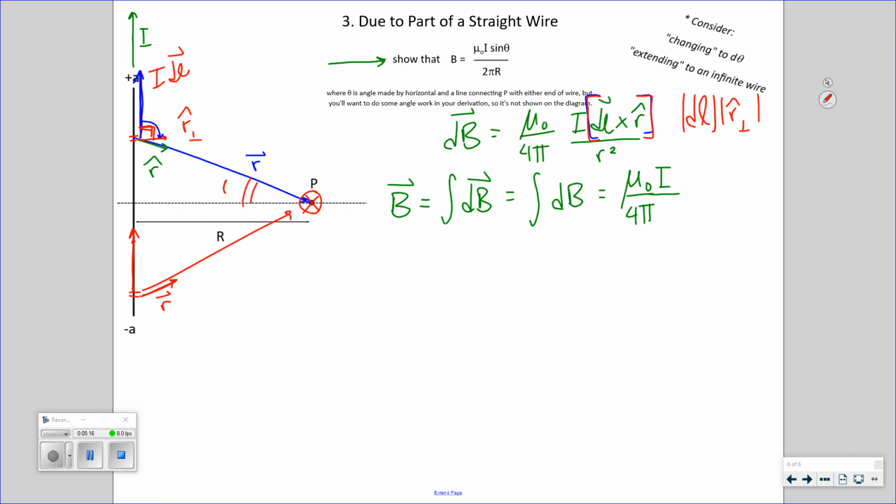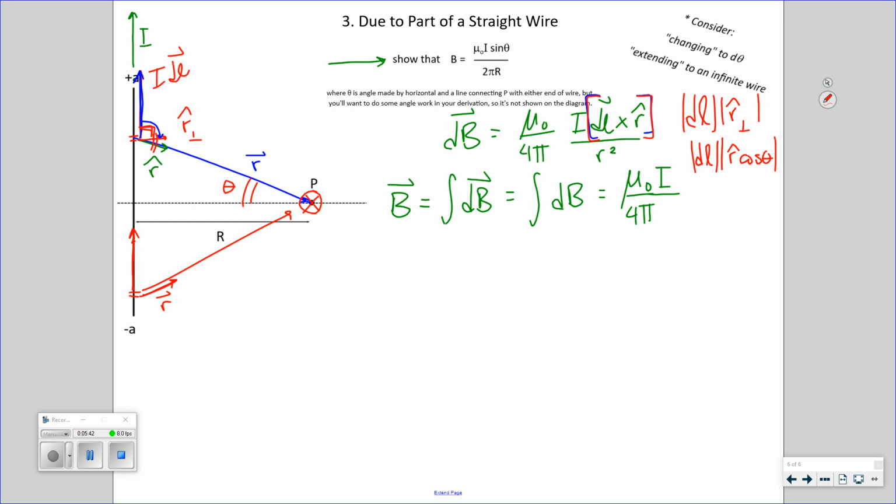If we call this angle theta, that same angle shows up in there, and thus this is magnitude dl times magnitude r hat cos theta. You know what the magnitude of r hat is? It's 1. That is part of the nature of a unit vector.